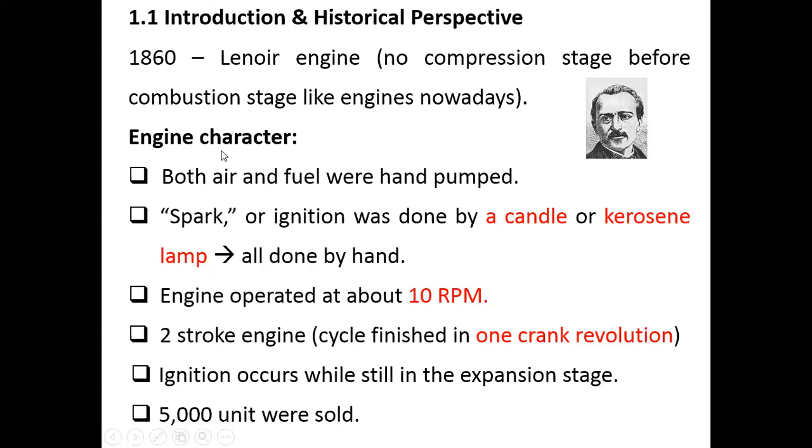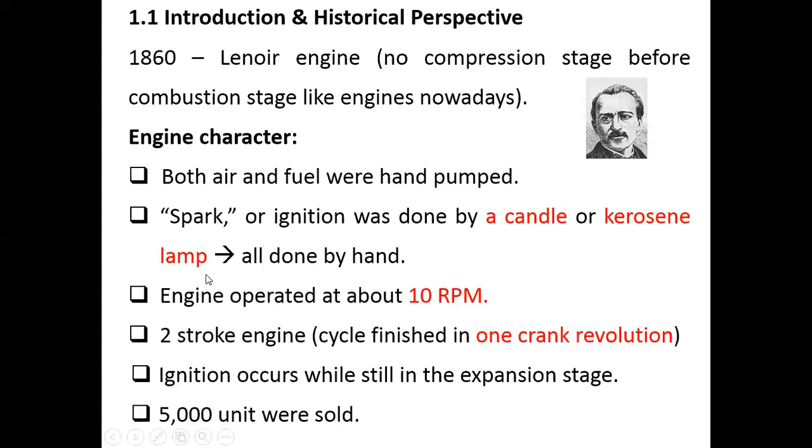So what are the engine's characteristics? Both air and fuel were hand pumped. Wow, so it was pumped by hand. We send the mixture of air and fuel to flow into the engine by using a hand pump. And the spark or ignition was done by what? A candle or a kerosene lamp.